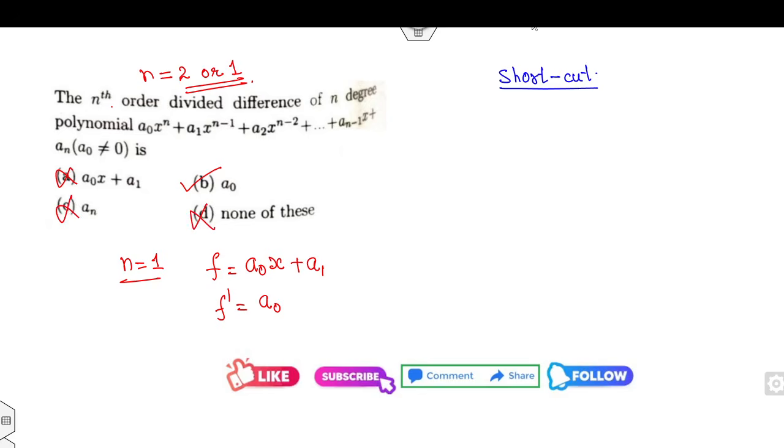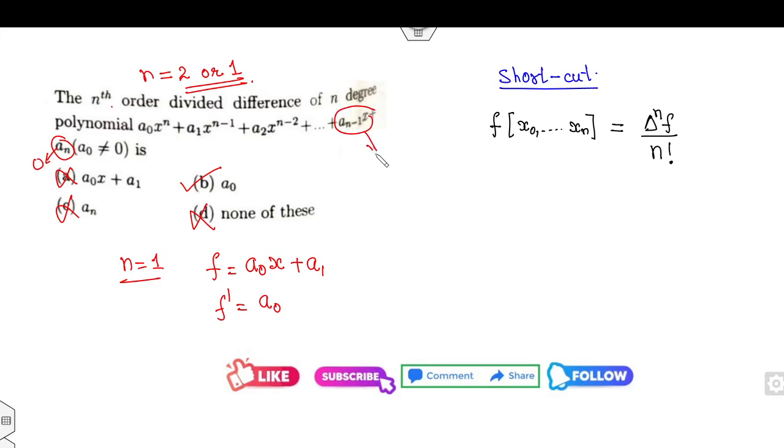Fine. Otherwise, what is the shortcut trick? If you find the divided difference f[x0, ..., xn], it is always the nth derivative divided by n factorial. If you look at this case, what will be the nth derivative of this? For a constant number, the derivative is 0.